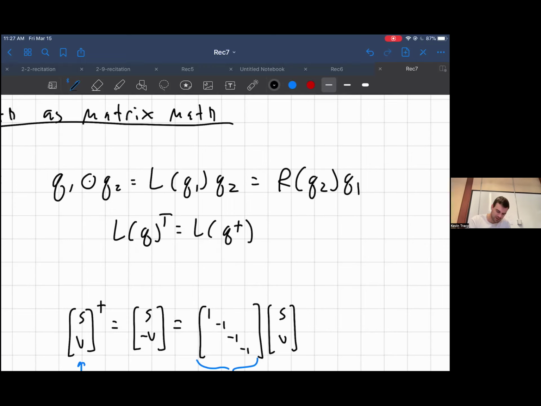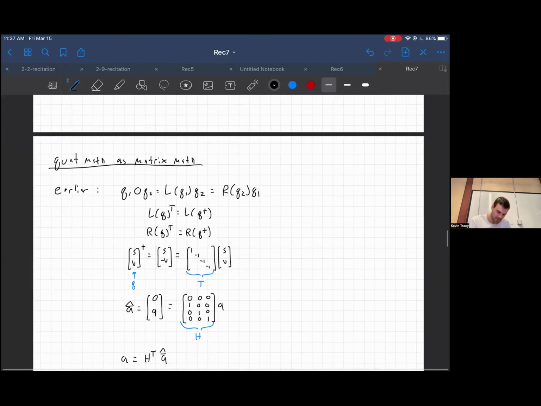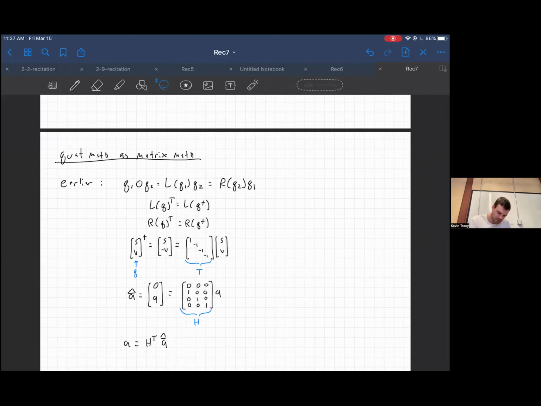And this is nice to know. The same is true with R. Okay, so here's all of our quaternion math that we would need. Just go ahead and organize this.